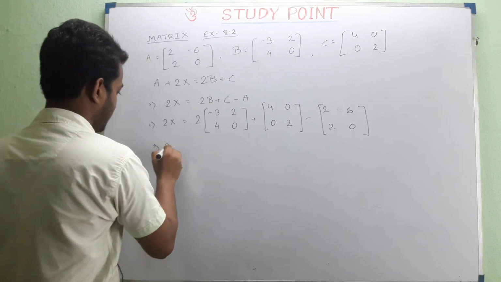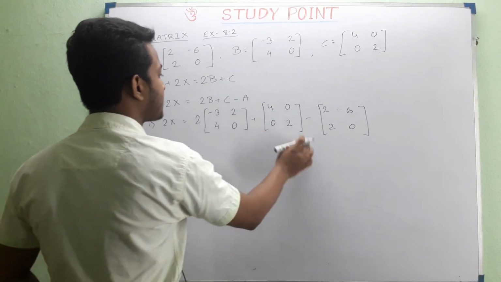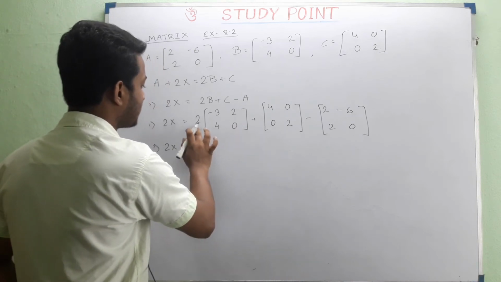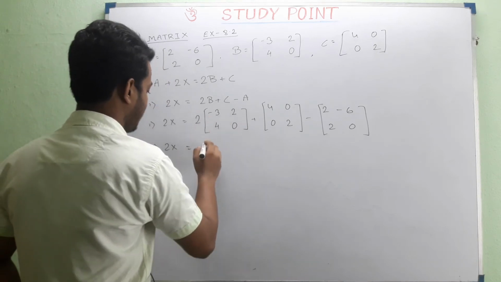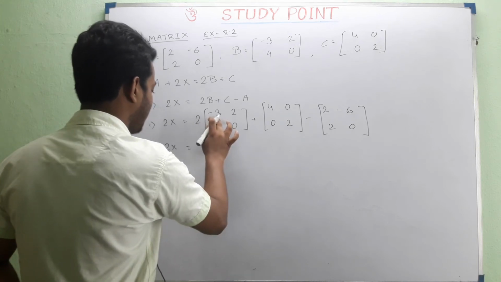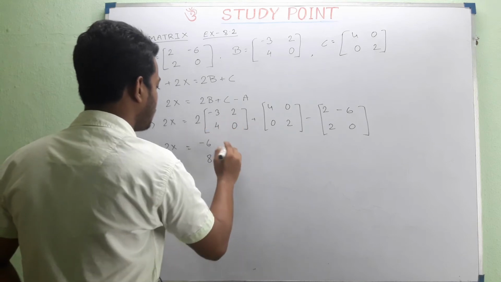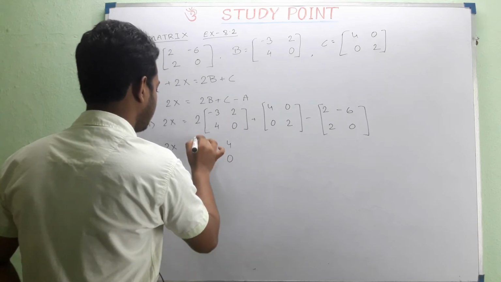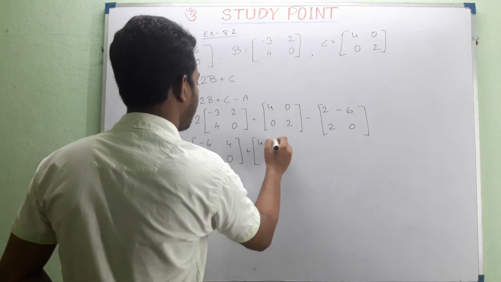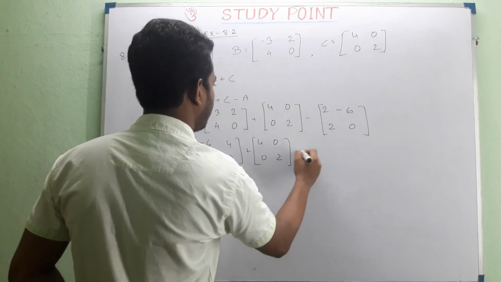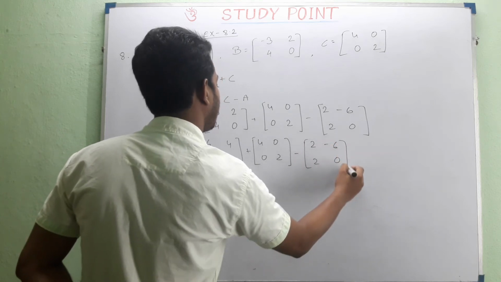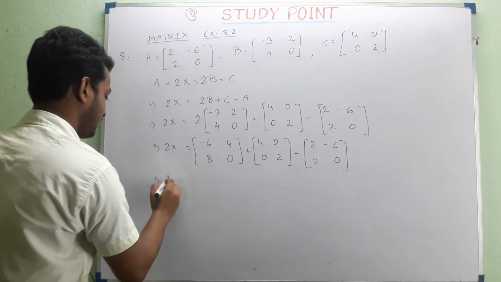Now here both addition and subtraction we have to do, but before that we have to do the multiplication within these matrices. After multiplication, it will be like this: 2 into minus 3 is minus 6, 2 into 4 is 8, 2 into 2 is 4, 2 into 0 is 0, and all the remaining terms will be the same.